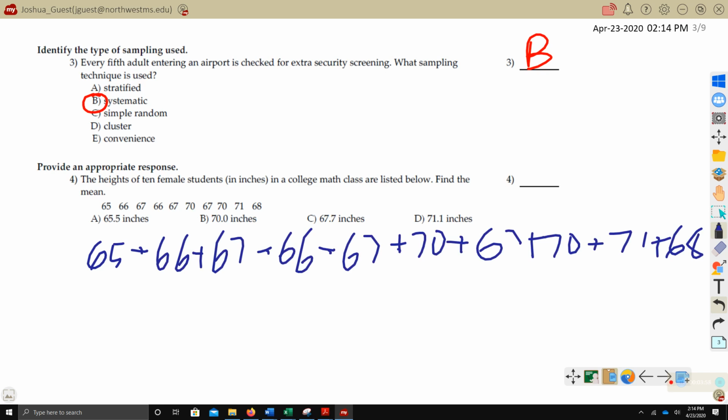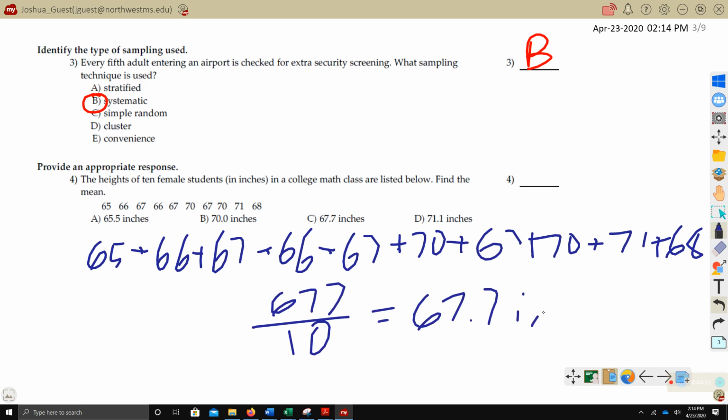There's 1, 2, 3, 4, 5, 6, 7, 8, 9, 10, just to make sure I have 10 of them, because that's what I said I had, right? So if we add them all together, we get 677 divided by 10, which should be 67.7 inches, and that is answer choice C.